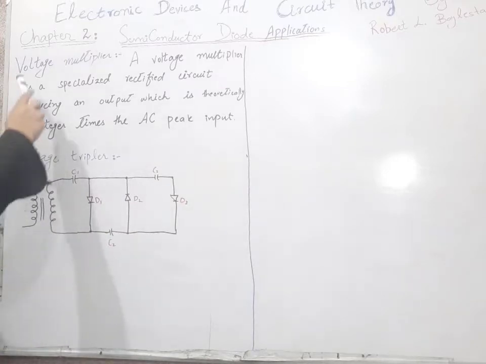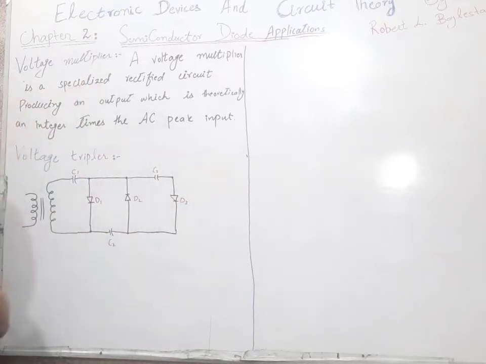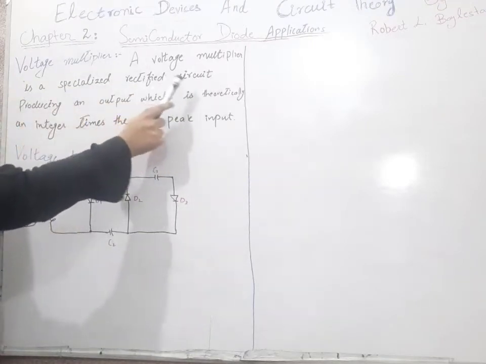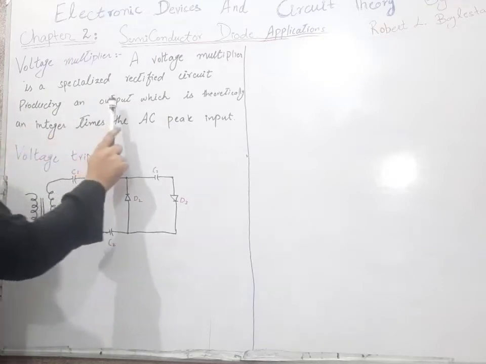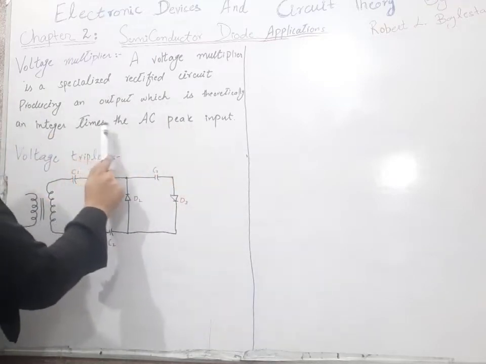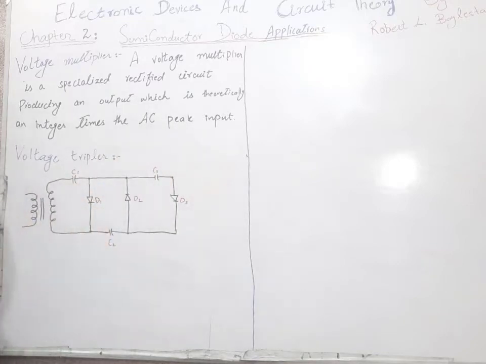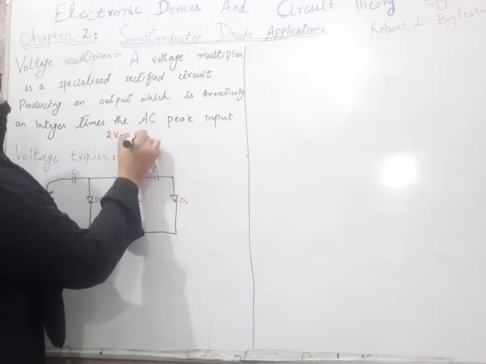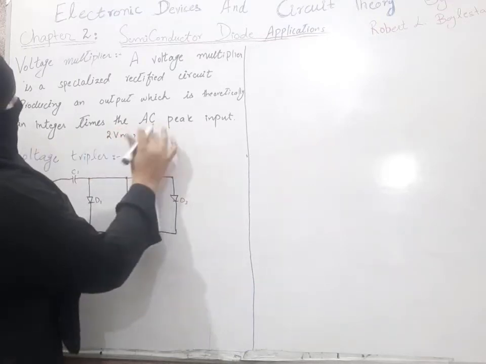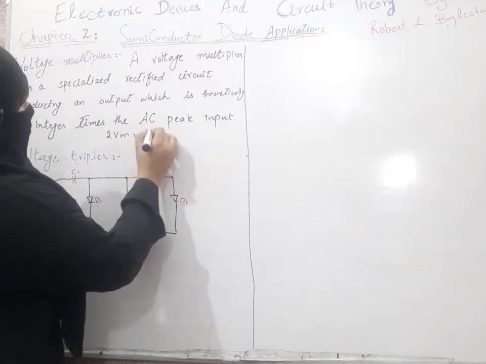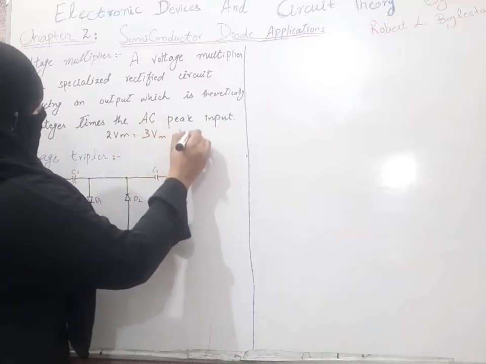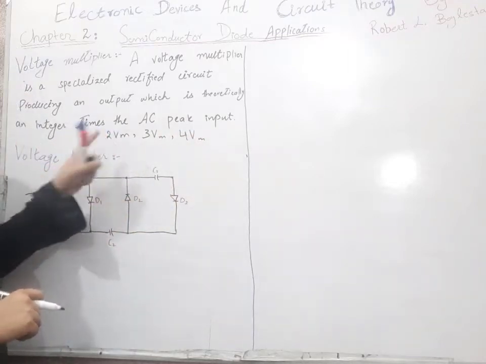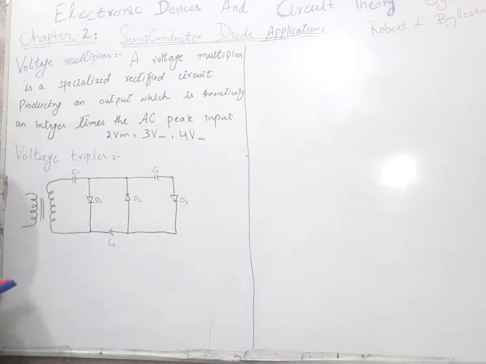So what is a voltage multiplier circuit? We discussed this definition in our previous lecture. A voltage multiplier is a specialized rectifier circuit producing an output which is theoretically an integer times the AC peak input. When the output voltage is equal to 2 Vm, we call it the voltage doubler circuit.